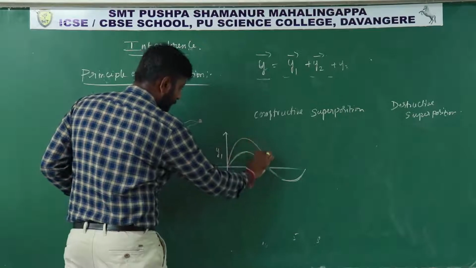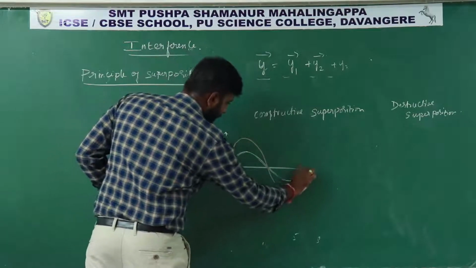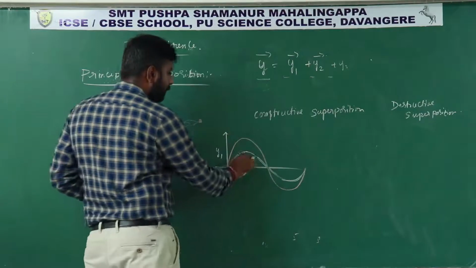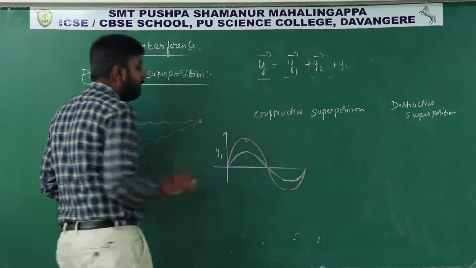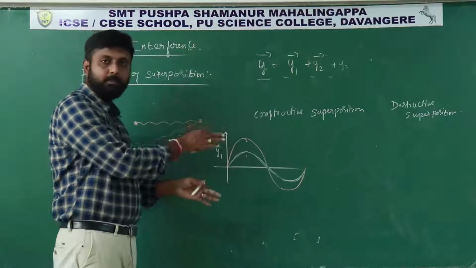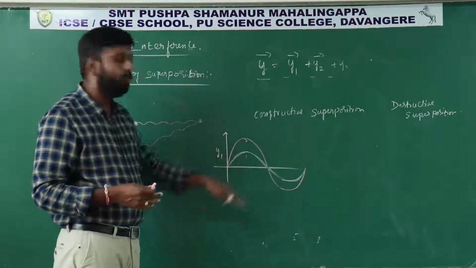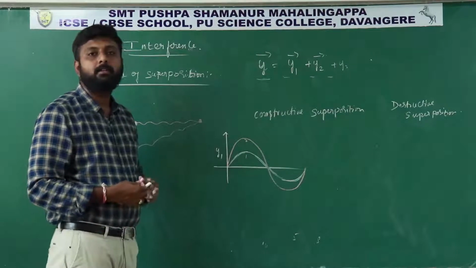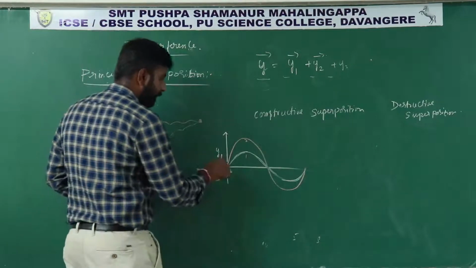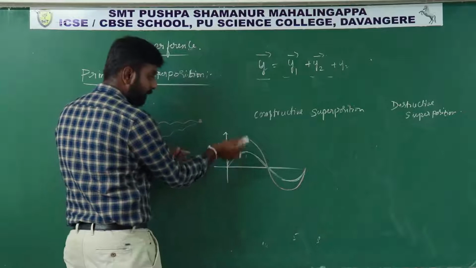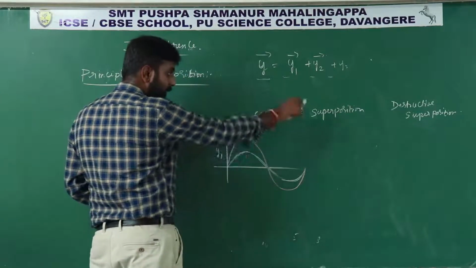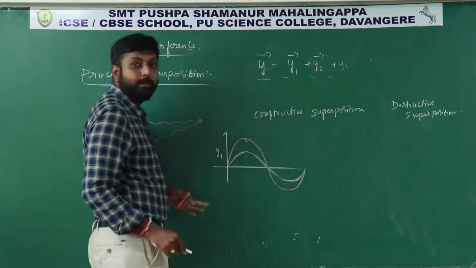So this is the other wave. Two waves are superimposing, this is the first and second wave. Due to the superposition of these two waves, we will get another wave, isn't it? So in that wave, crest is upon crest and trough upon trough, and that is nothing but constructive superposition.